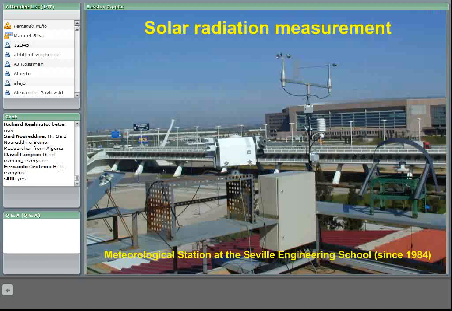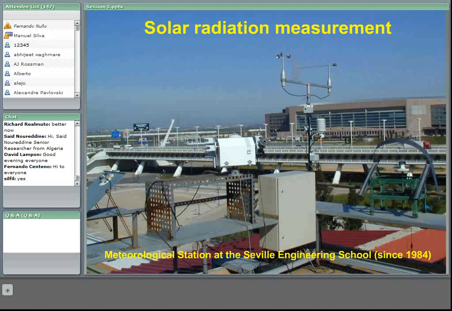Well, in this picture we can see some of these measurement equipment, apart from typical meteorological equipment like an anemometer and thermometers for measuring air temperature and so on.